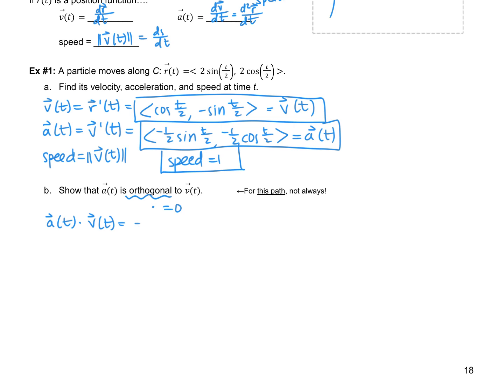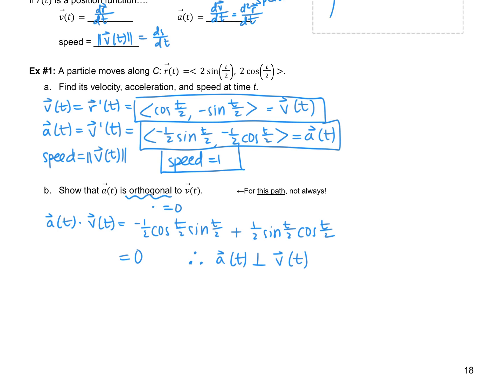When we do that, we get negative 1/2 cosine of t over 2 sine of t over 2, add 1/2 sine of t over 2 cosine of t over 2. That dot product equals 0, which tells us that at any time t, acceleration is orthogonal to velocity, again, for this path only.